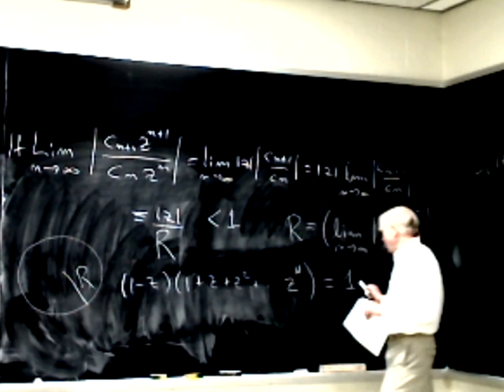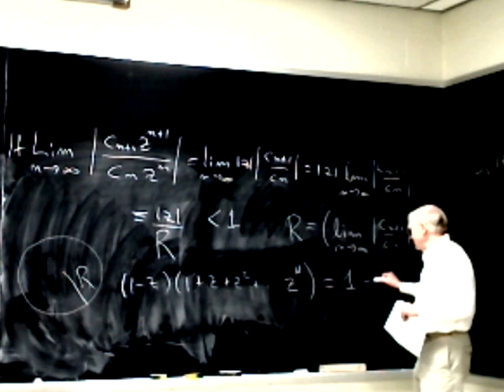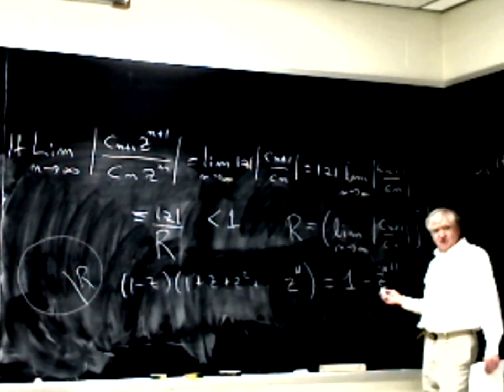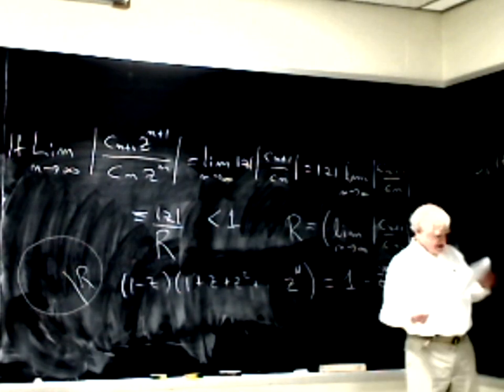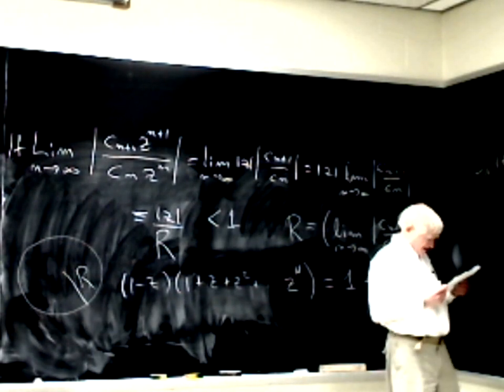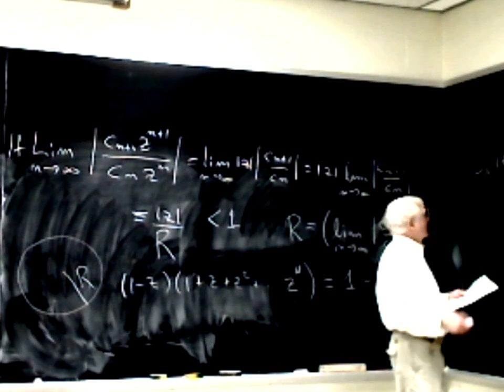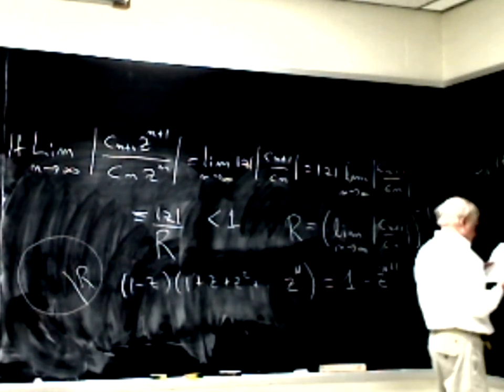Sorry, I did this wrong. There's an extra term, namely minus Z to the n plus 1. Okay, I did this too quickly. And that's right in my notes. Yeah, it was. Okay, so that gives us this identity.